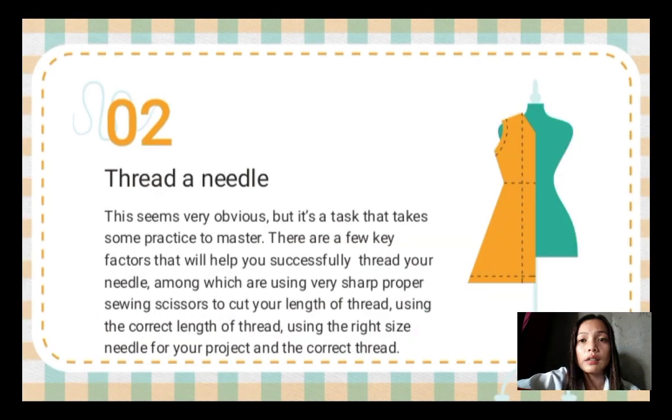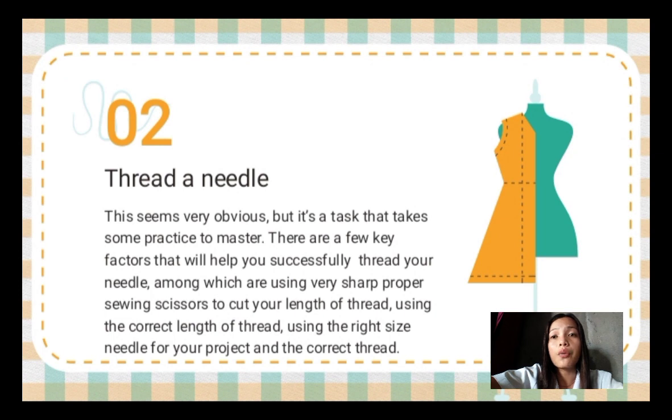Thread a needle. This seems very obvious, but it's a task that takes some practice to master. There are a few key factors that will help you to successfully thread your needle, among which are using very sharp proper sewing scissors to cut your length of thread, using the correct length of thread, using the right size needle for your project, and the correct thread.